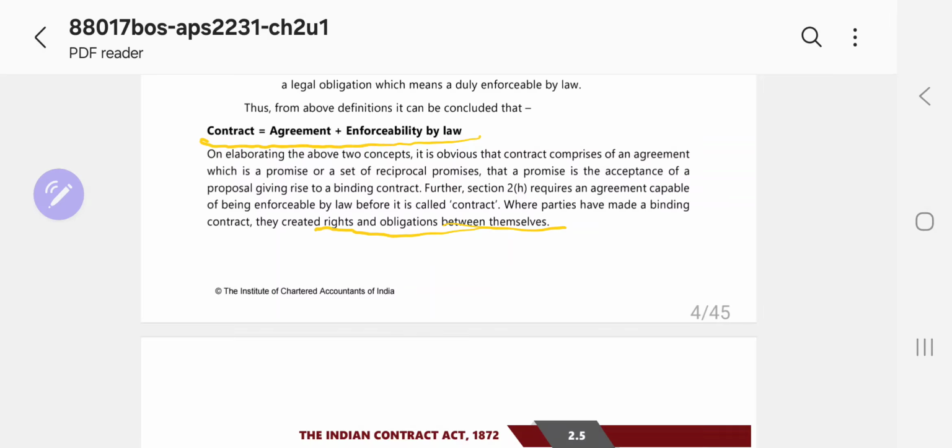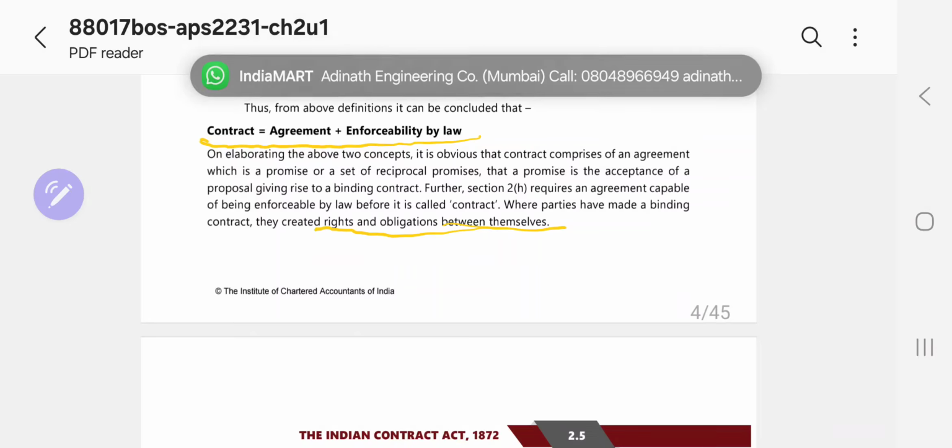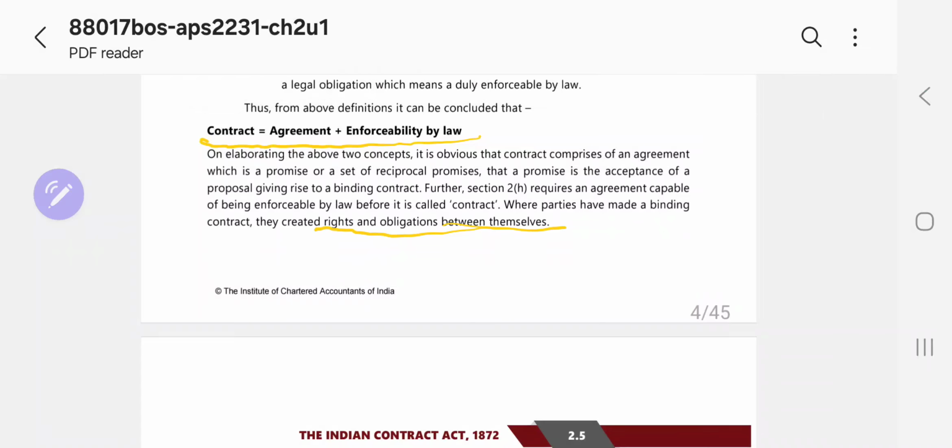Okay, once they enter the agreement into a contract, there are rights and responsibilities between the two parties. One party must exercise his right and must exercise his obligations. So if any one party avoids or does not perform his right or obligation, then the other party can take legal action against the party which has not performed his duty or obligations.